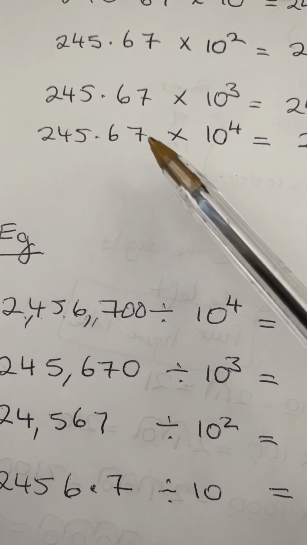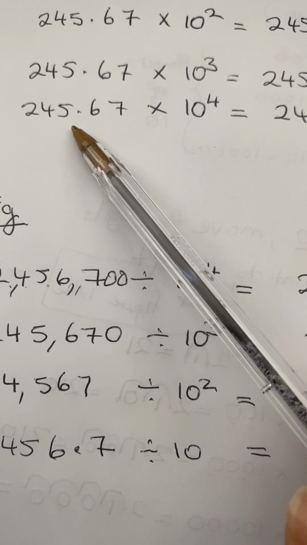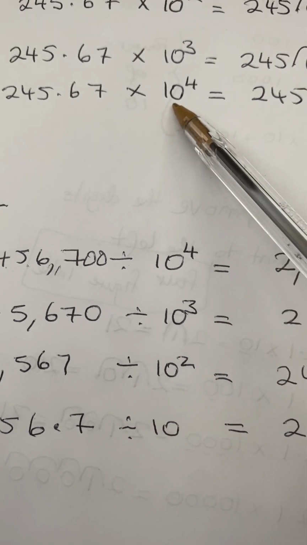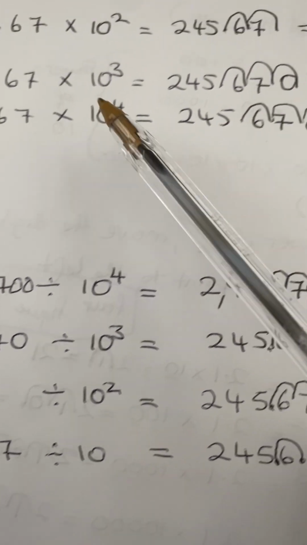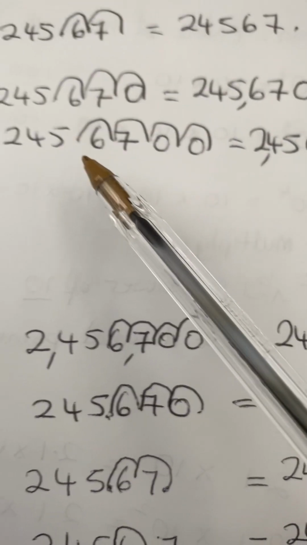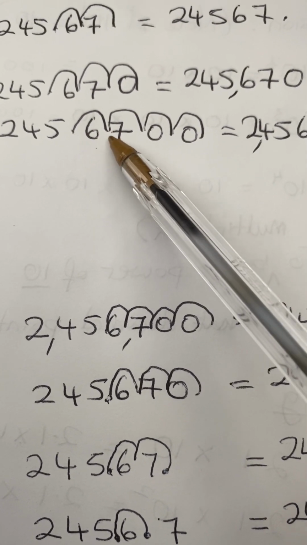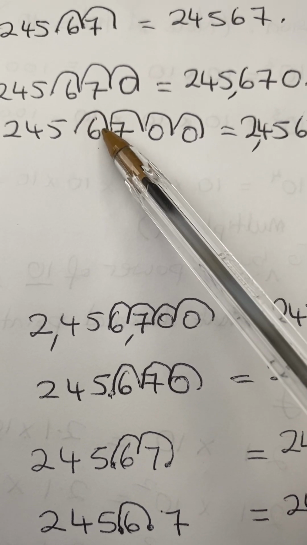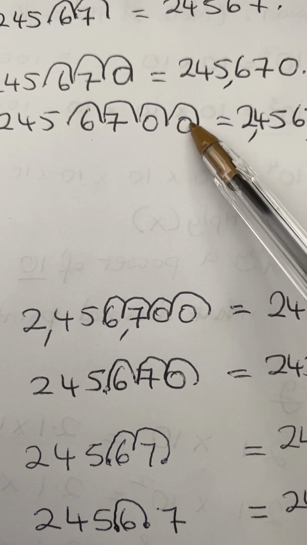The last example I have under multiplication is 245.67 times 10 to the power 4. So here we have 4 zeros. So we are going to move it 4 jumps forward. So the decimal is here. So 1, 2, 3, and 4.